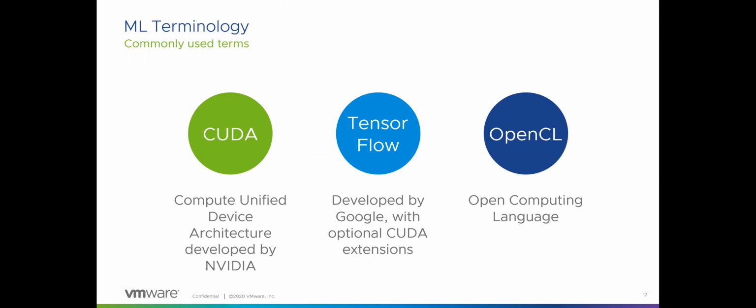And basically all the GPU utilization by machine learning workloads is done using the CUDA framework, possibly extended by the TensorFlow framework, which has optional CUDA extensions. But TensorFlow itself is developed by Google. And we also see OpenCL, the Open Computing Language. Now, this is more in the FPGA space and an upcoming framework. We don't see that being used that often today.